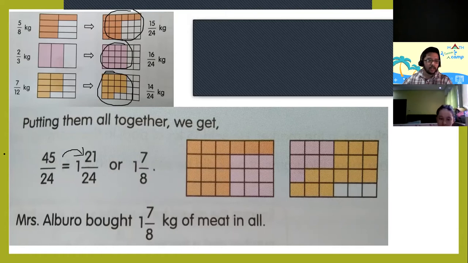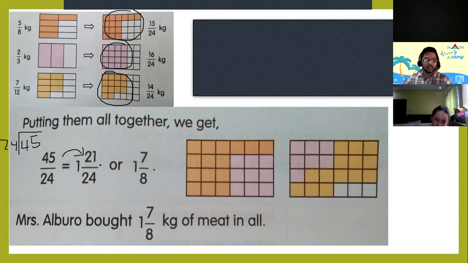Diba? Yung i-divide lang siya. 45 divided by 24. Yan lang yung ginawa. So wag kayo magtataka no kung anong ginawa doon. They just divided 45 by 24. And then ito, they simplified it further into 7 over 8.